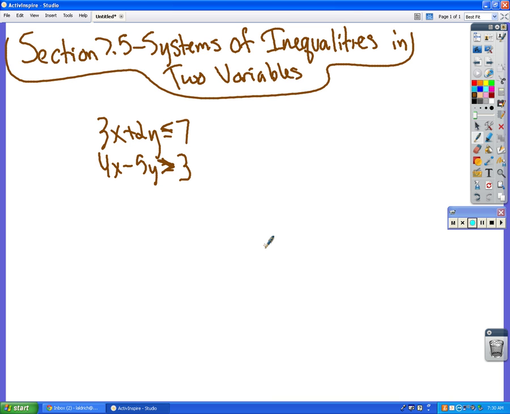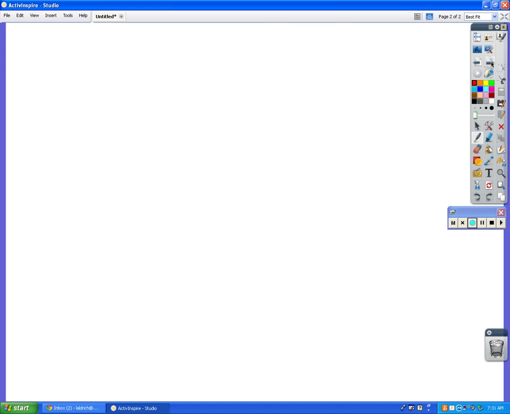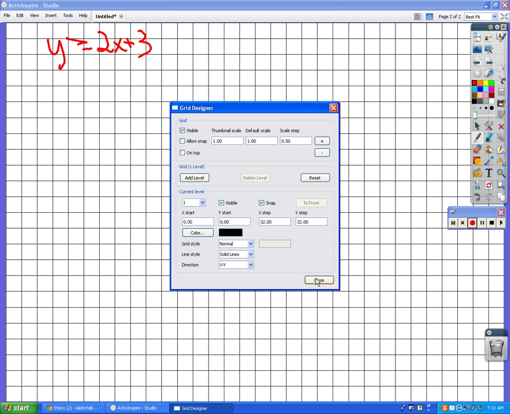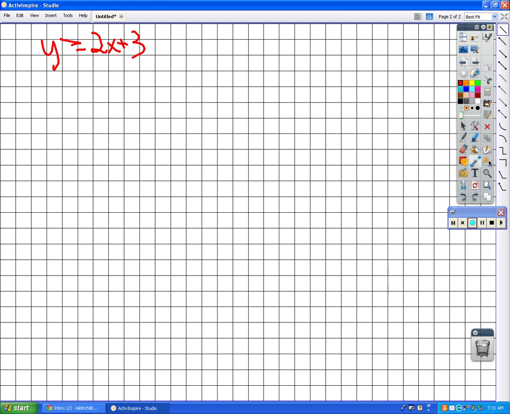All right? So let's start with an easy one to refresh your memory how this all works. Let's graph y is greater than or equal to 2x plus 3. So tell me what you know about this graph.